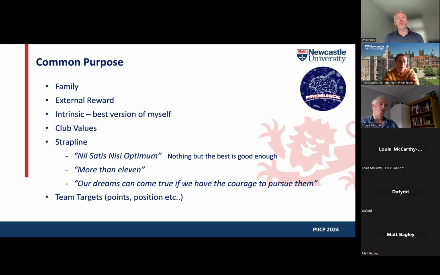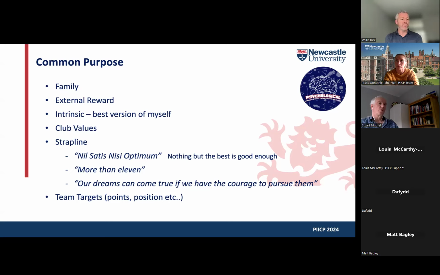We then changed our kit, and Hummel came in, and Hummel used this strapline of more than 11. And that was for club wide. But within the women's team, we were about to put together probably our largest squad that we'd ever had, of close to 25 players.